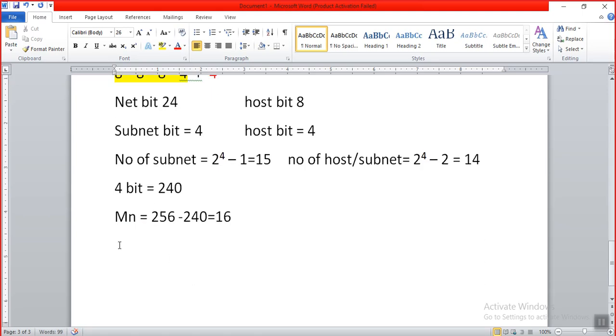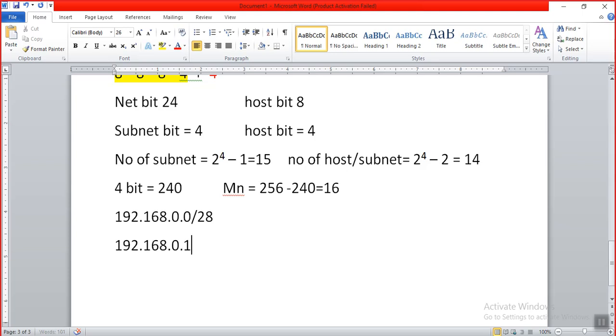Now how to calculate all the subnets? For subnet calculation purposes, we have to think of 192.168.0.0/28. This is the first one. Then 192.168.0 dot. In our case, the magic number is 16.